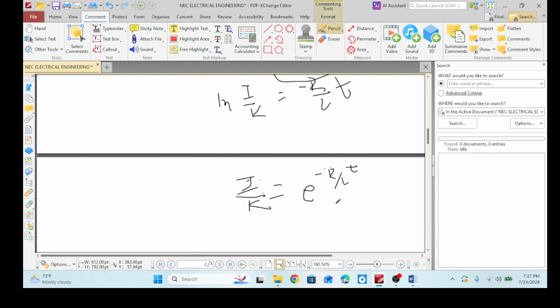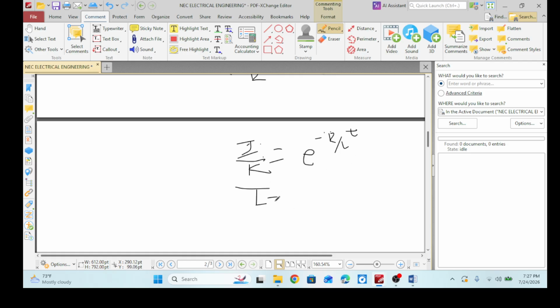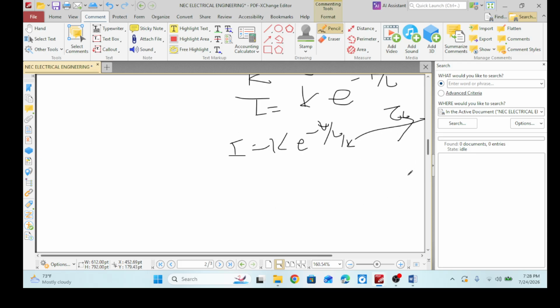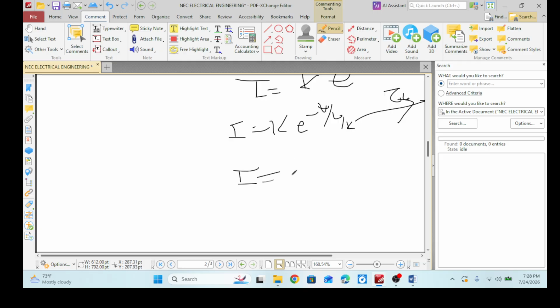I forgot this one. So I is equal to k times e to the power minus R by L times t, and we can manipulate this into t by L by k, and this L by k is nothing but the time constant. That is, I is equal to k times e to the power minus t by tau.